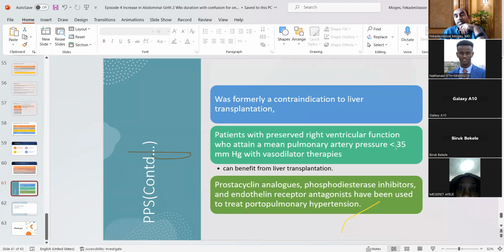If you give vasodilator treatment and lower the pulmonary arterial pressure to less than 35, they can still be considered for liver transplantation. Prostacyclin analogs, phosphodiesterase inhibitors like sildenafil, and endothelin receptor antagonists can be used.